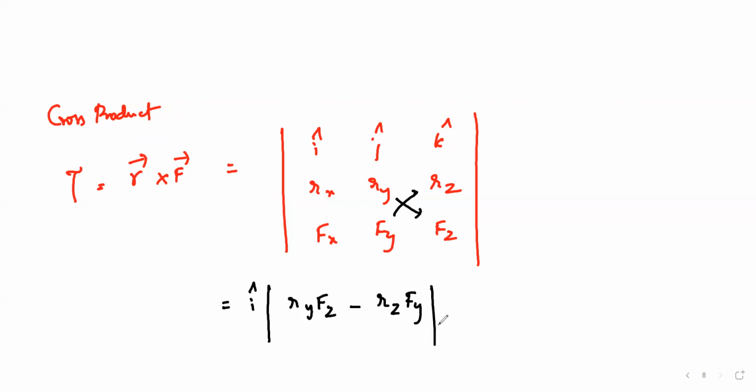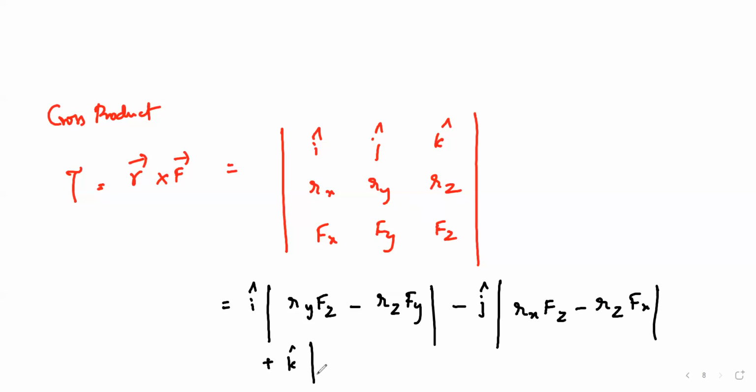Then minus J cap, Rx Fz minus Rz Fx, plus K cap, Rx Fy minus Ry Fx. So this will be the cross product, or you can say the torque. Clear?